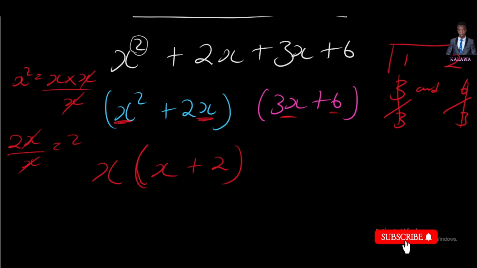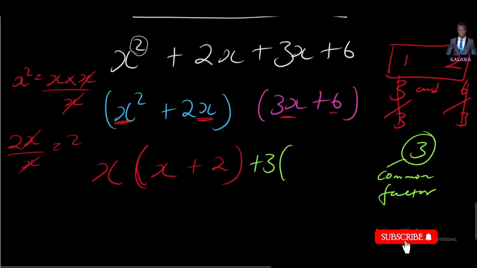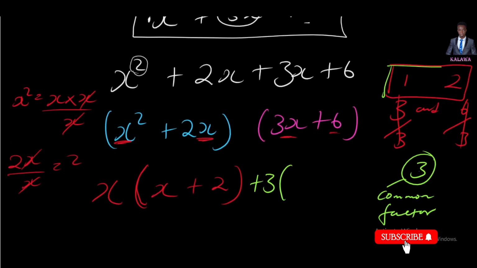So this 1 and 2 are going to be inside the bracket, and then the 3 that you use to divide the two numbers is going to be the common factor. So remember, I said the common factor is always supposed to be outside the bracket. So this is going to be plus 3, right? Because it's the common factor. And remember, what's supposed to be in the bracket is 1 and 2.